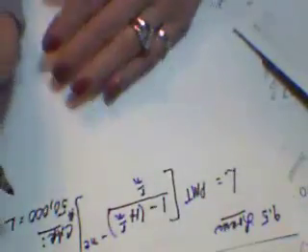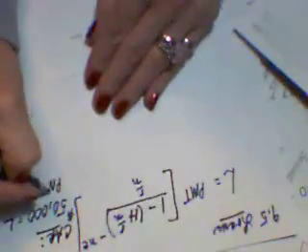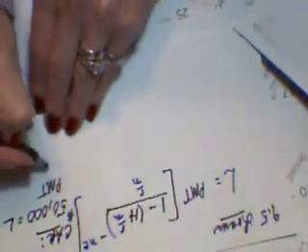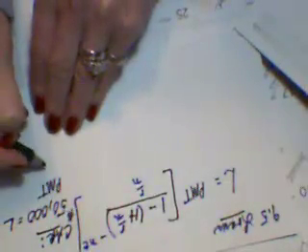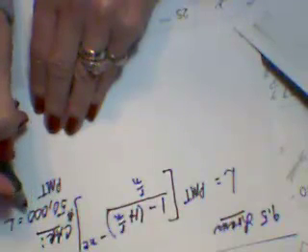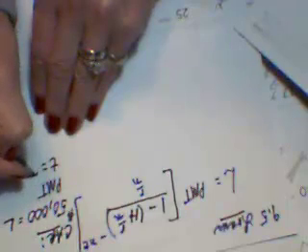That would be L. And you want to know what the payment would be if you could finance $50,000 for 7 years.